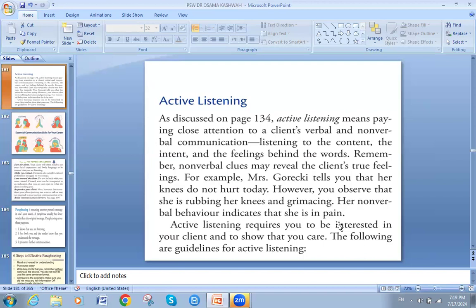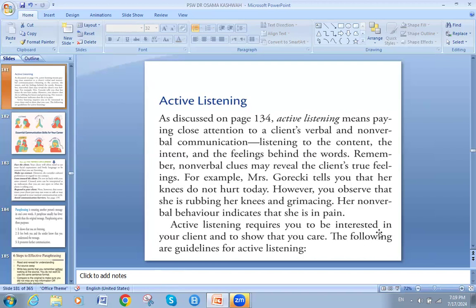That means he's in pain and not telling you, or is in denial of the pain. Like we said, one of the symptoms of illness is denial, maybe at this stage, denying that she or he is in pain.